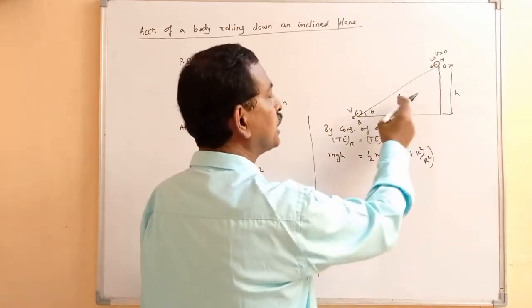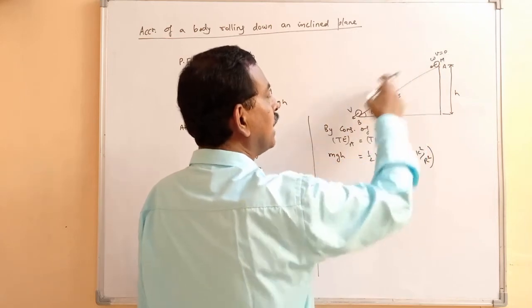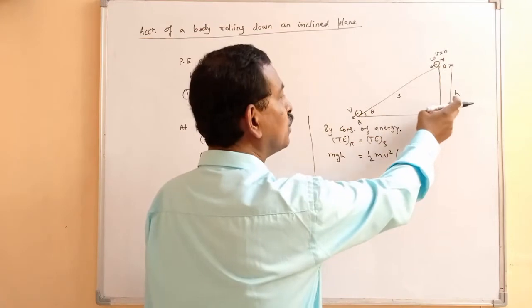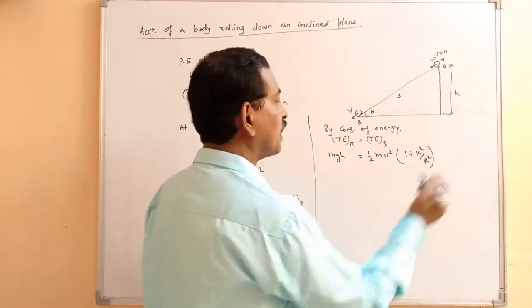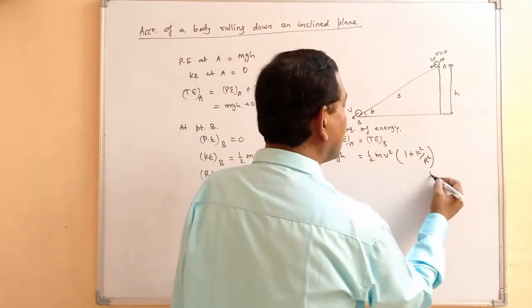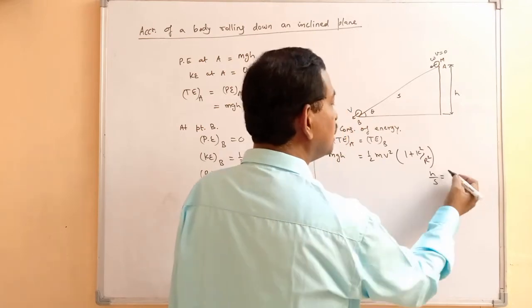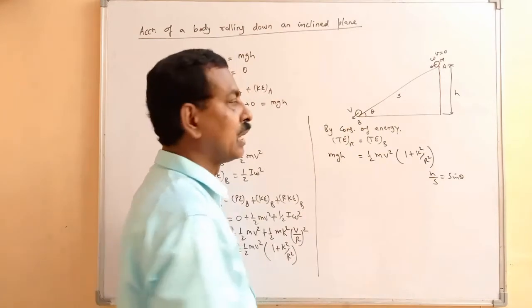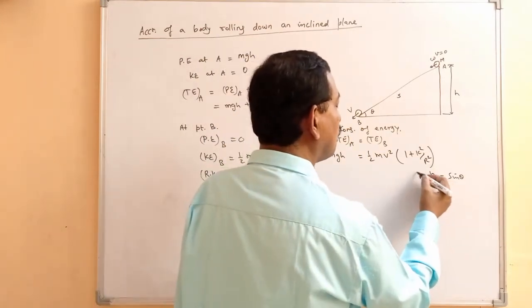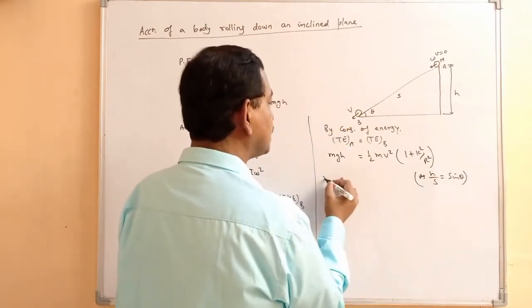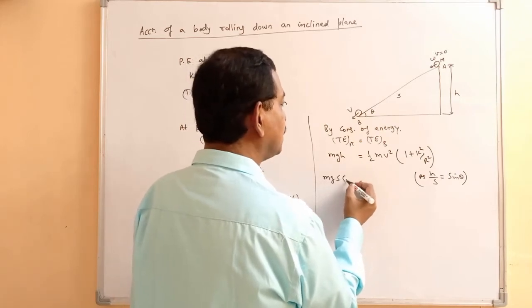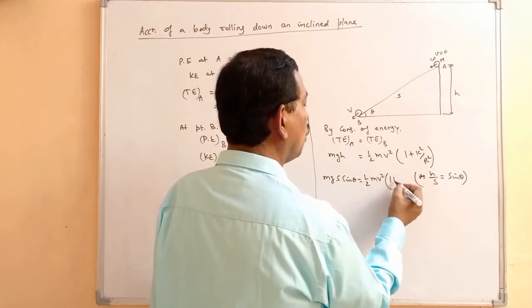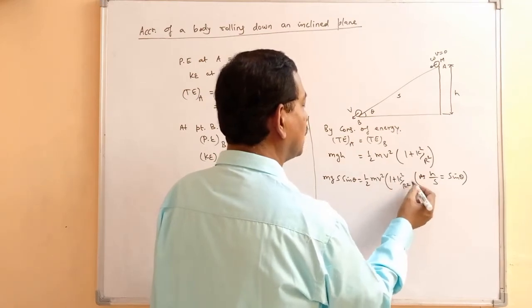Here one more thing we can notice, that this s which we have taken, if you write h in terms of s, how much will it be? h by s is sine theta. So in that case we can write this as mgs sine theta equals half mv square times 1 plus k square by r square.